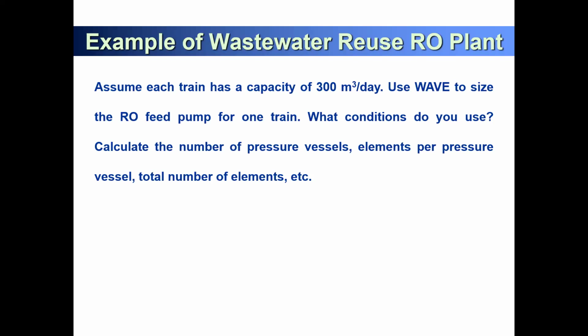The TDS of wastewater reuse is relatively low, less than 1 gram per liter or 2 grams per liter. The osmotic pressure is almost 0.8 bar. So we can apply a lot of pressure and also recover more than 80%, 90% of our water.